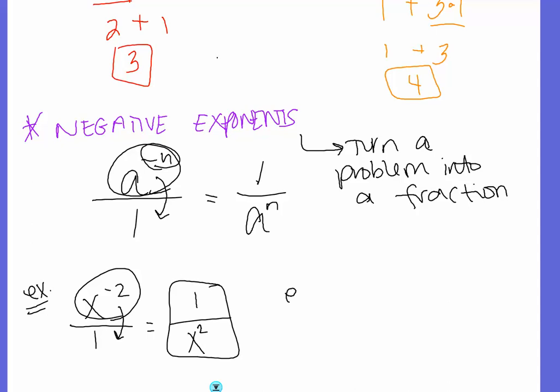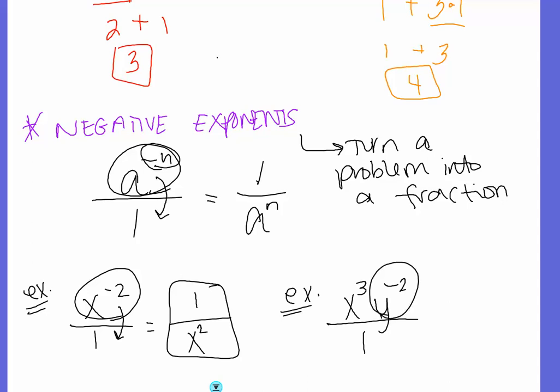Okay, so let's look at a couple of problems. If I had x to the third and y to the negative second, again, your directions on these would be the exact same as our radicals unit, which is where we just simplified. All we're doing is simplifying. So I see I have a negative exponent. I'm going to make this a fraction by putting a 1 under it. I'm now going to circle all the bases that have negative exponents. So what bases have negative exponents? x, y, or both?